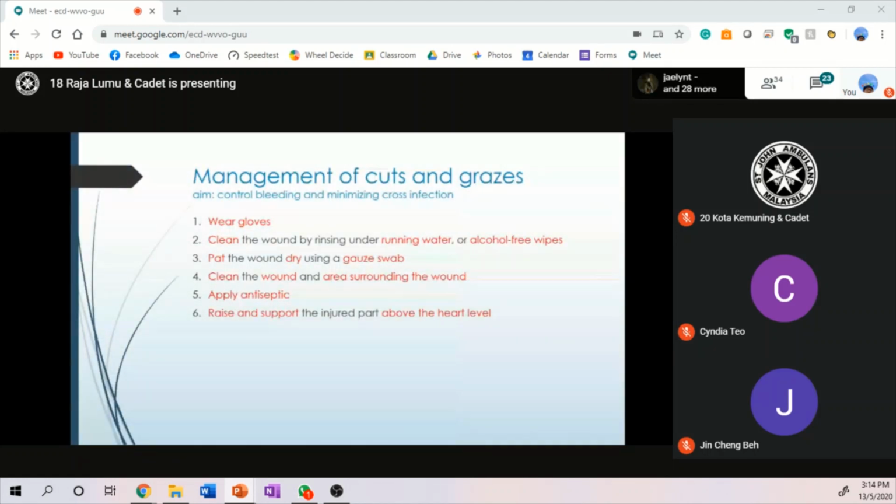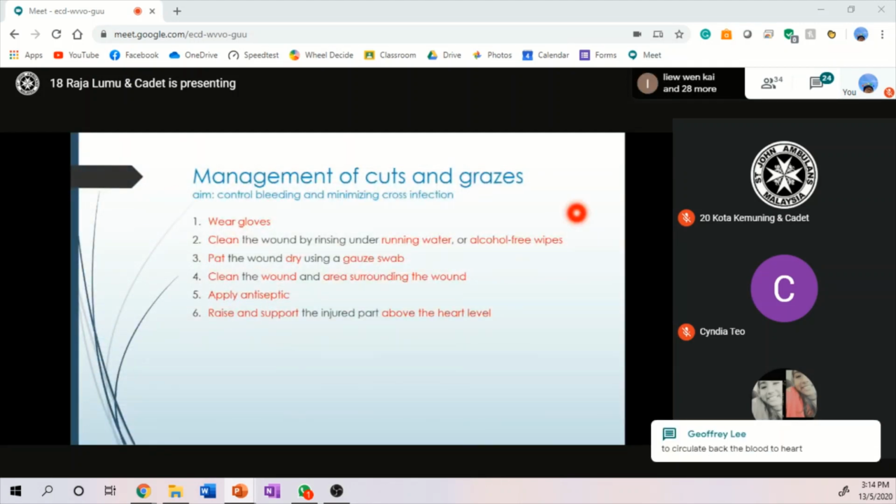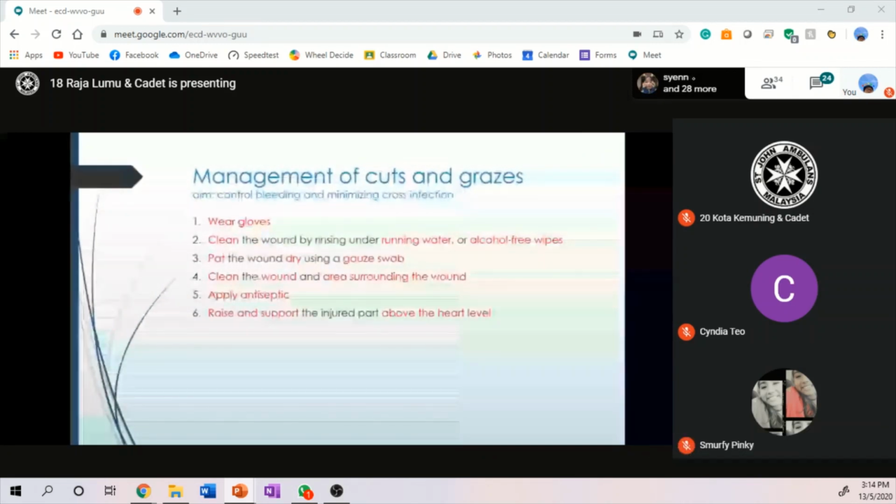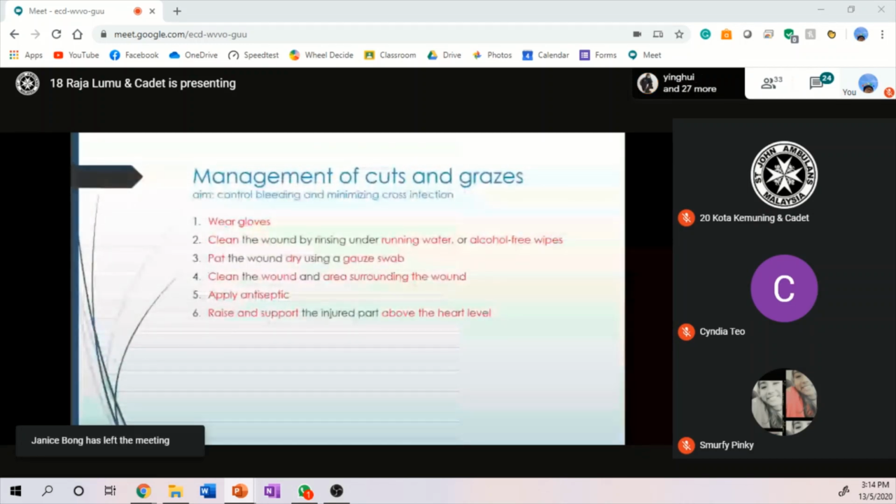Why should we raise and support the injured part above the heart level? Anyone know? Yeah, to circulate the blood back to the heart. Okay, it is because elevating the wound reduces the circulation to the wound area and decreases blood loss.